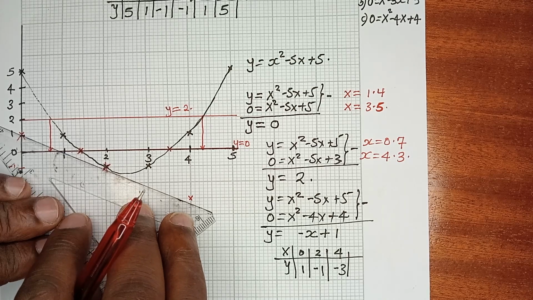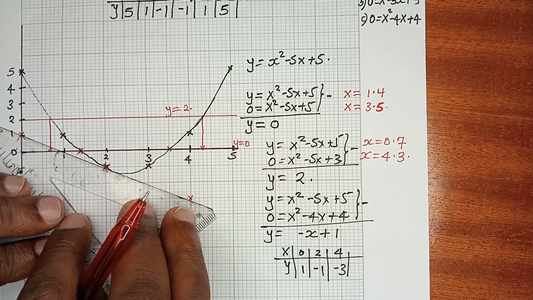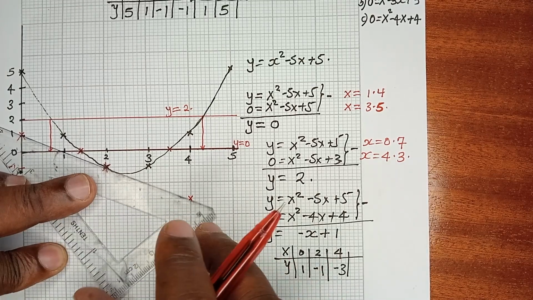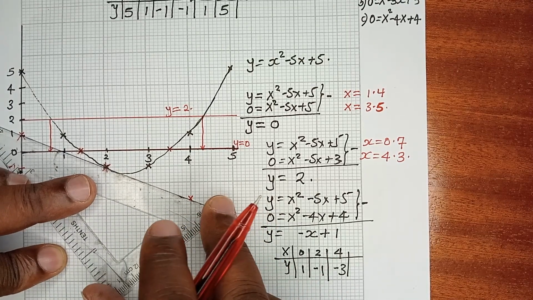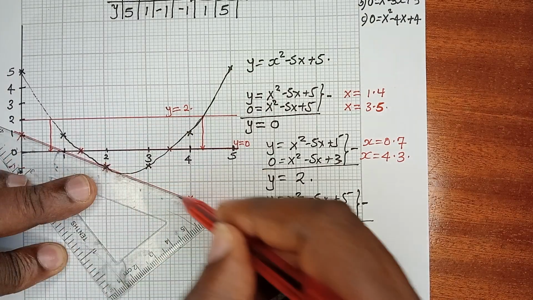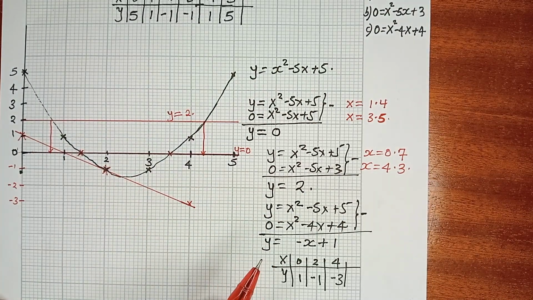We have to come up with a straight line, and already we can see what is happening here. You can see what's happening here, a straight line, and there we go.